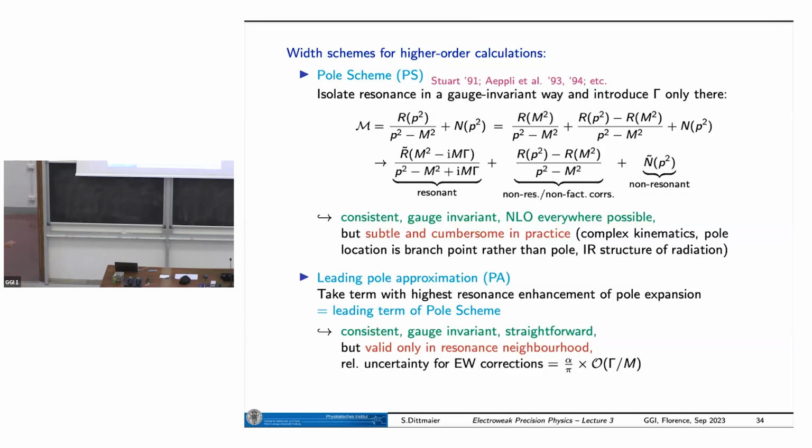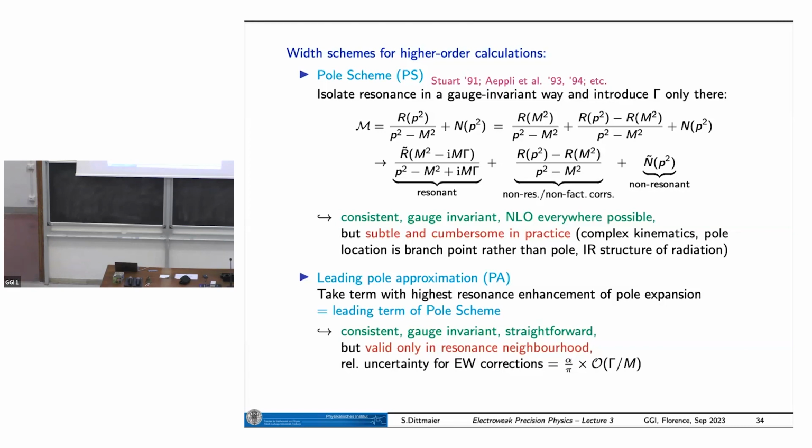The whole thing here is nevertheless a basis for something simpler, namely what we call very often a pole approximation, which is a modest version of this, in the sense that you might say, okay, maybe I'm not interested in a next to leading order corrected prediction everywhere in phase space, but only near the resonance, because well, the major part of the cross section comes from there.